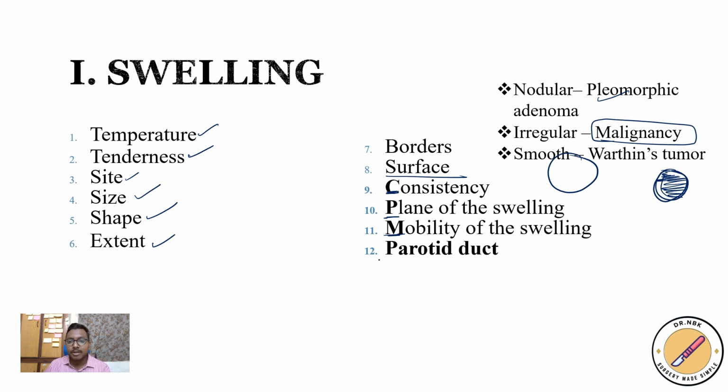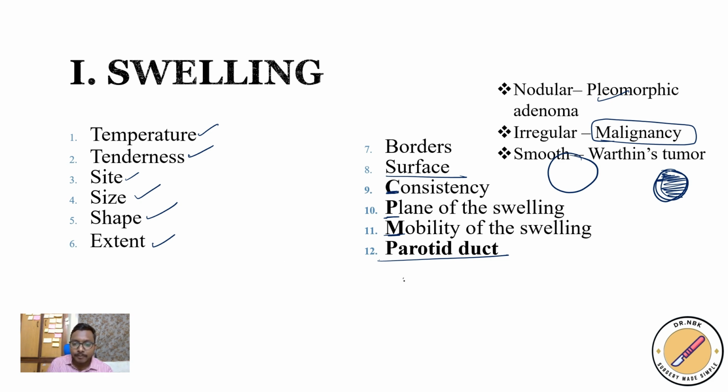And last but not the least, you should understand the parotid duct. You must always examine the parotid duct by bidigital palpation. The topographical landmark of the parotid duct is the middle one third of an imaginary line drawn between the midpoint of the ala of the nose and angle of the mouth anteriorly and the tragus of the ear posteriorly. So the middle one third of this line will represent the parotid duct.